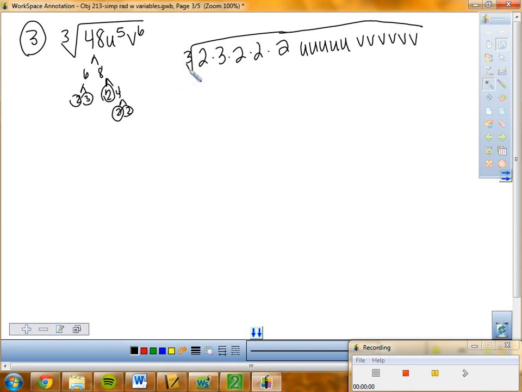I want to look at my index and determine that I want groups of 3. So I have 2, 3, 4 2's, but I only want 3, so I'm going to connect 1, 2, 3, and this guy is just going to be off by himself. He doesn't have another group to connect with. 3 is by himself.